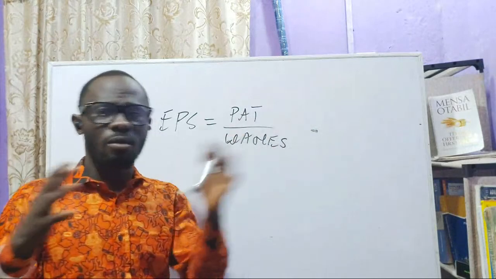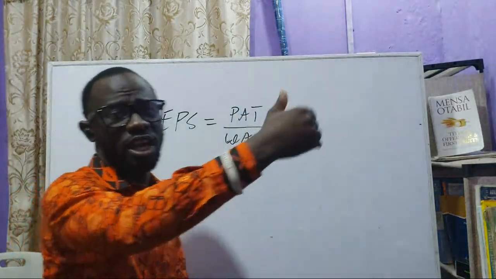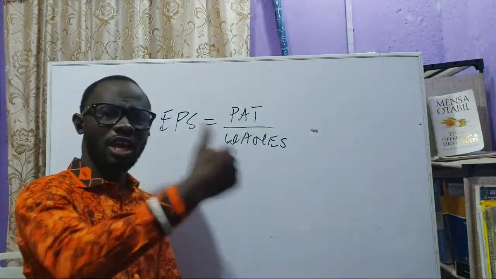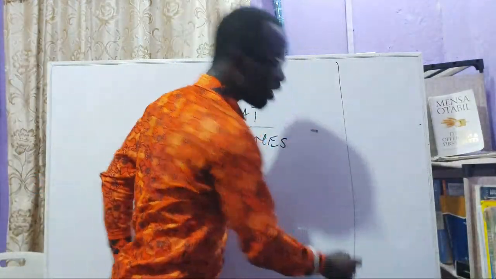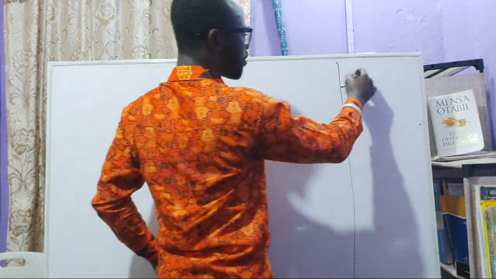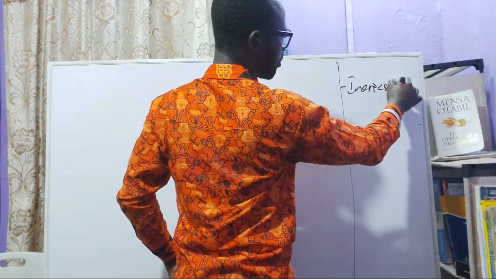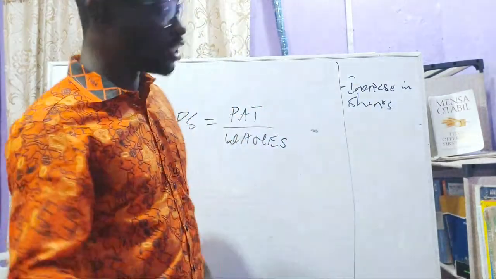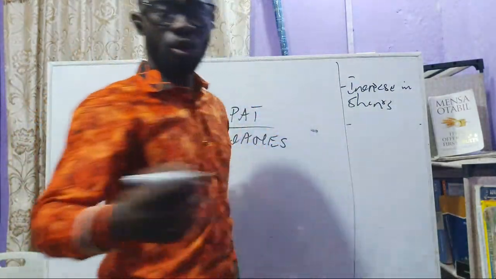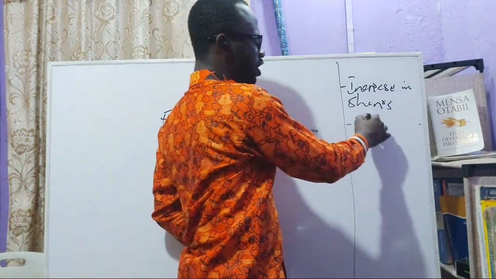But if we do our comparison and we realize that the earnings per share is falling, it may be falling because of some reasons. Number one, it could be because there is an increase in shares, which means some level of dilution in the shares, or it could be because of reduction in the profit.